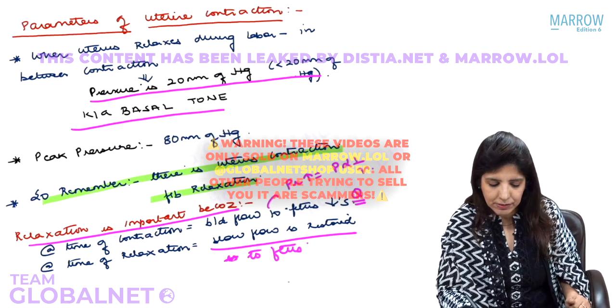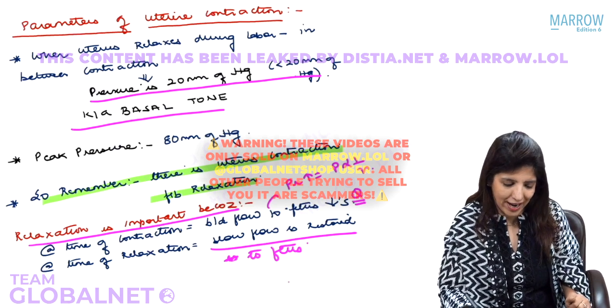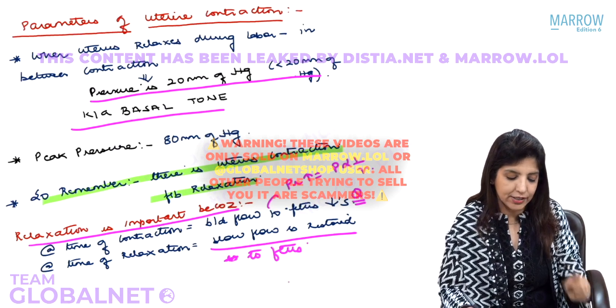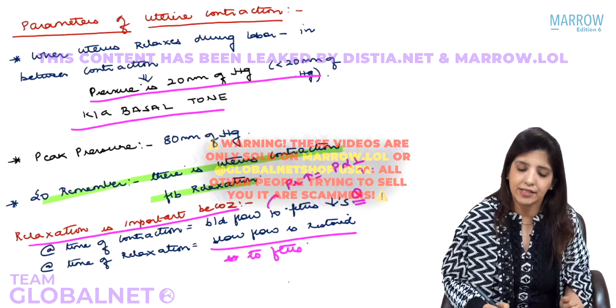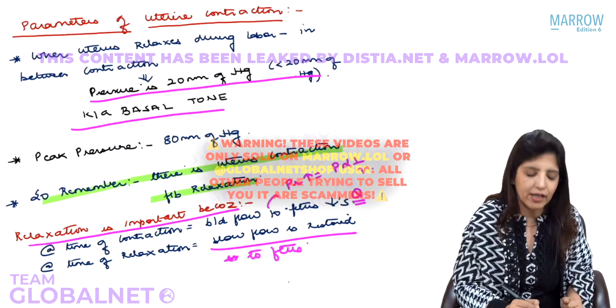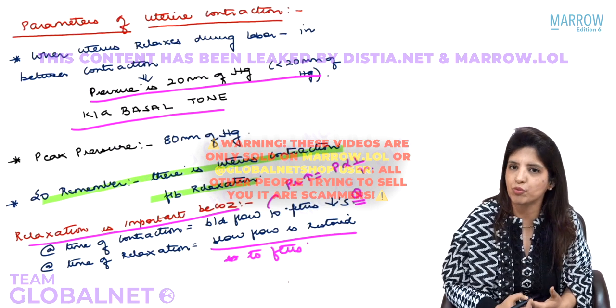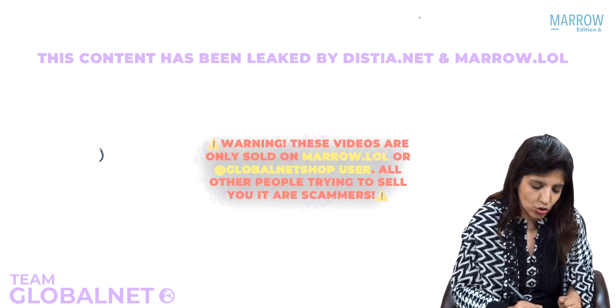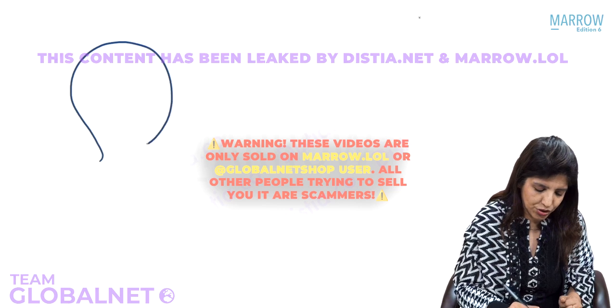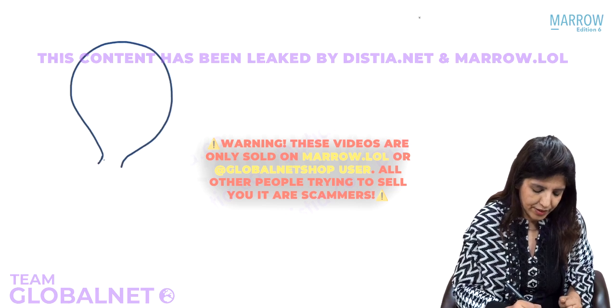Now, how does uterine contraction lead to dilatation of the cervix, and how does it lead to fetal descent? See, there is one very important property of the uterine muscle fibers which you will have to remember. If this is the uterus, right?